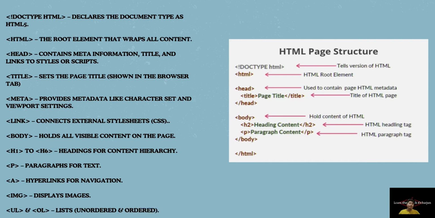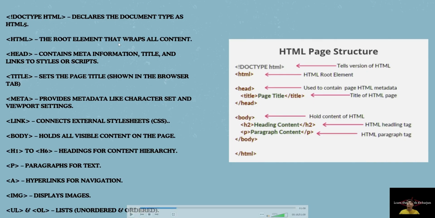Inside head we have title, and after head closes we have body. Inside body we will have various kinds of things, I mean the main contents of the page. So let's see the basic one. Doctype declares the document type as HTML5.